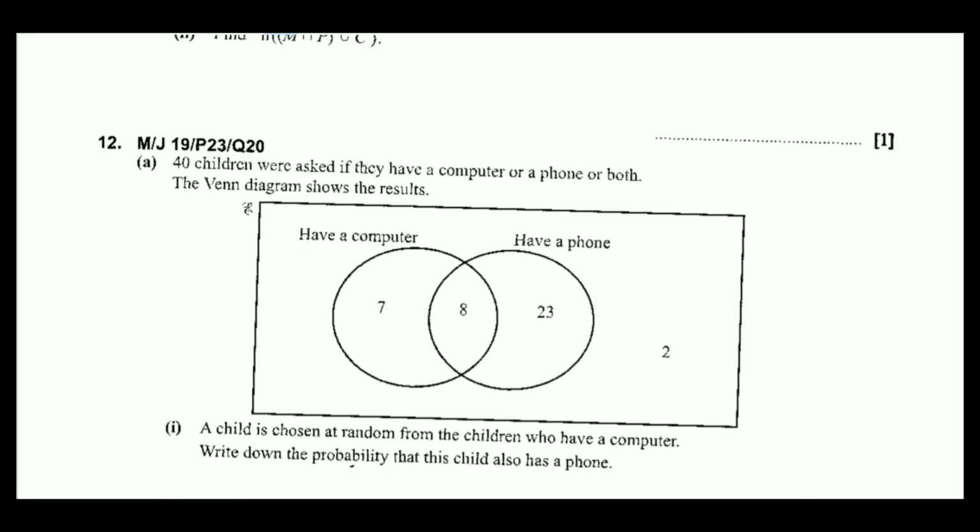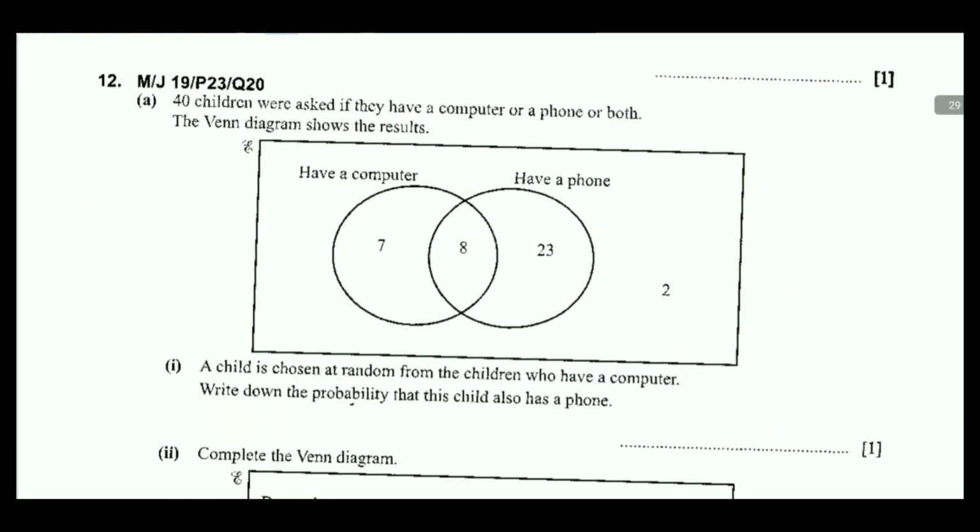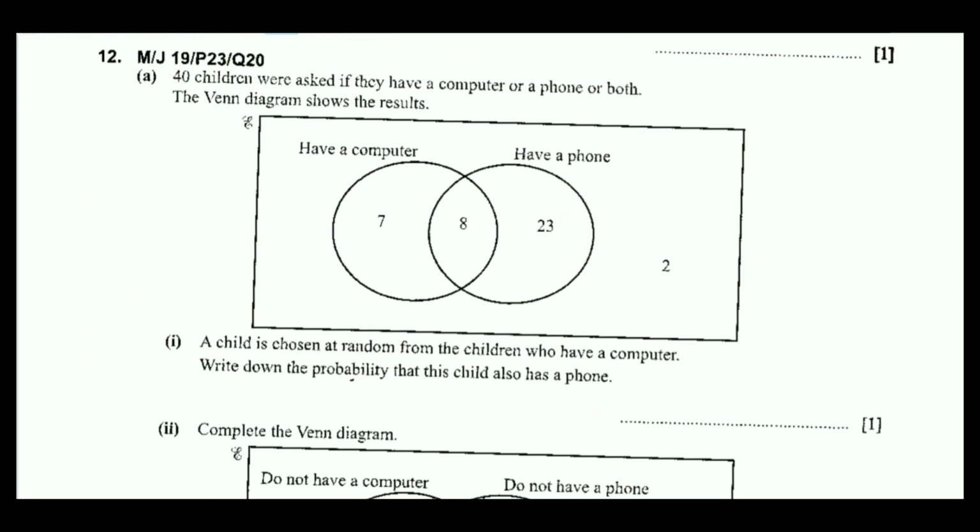Next question is 12. 40 children were asked if they have a computer or a phone or both. The Venn diagram shows the results. A child is chosen at random from the children who have a computer. Write down the probability that this child also has a phone.